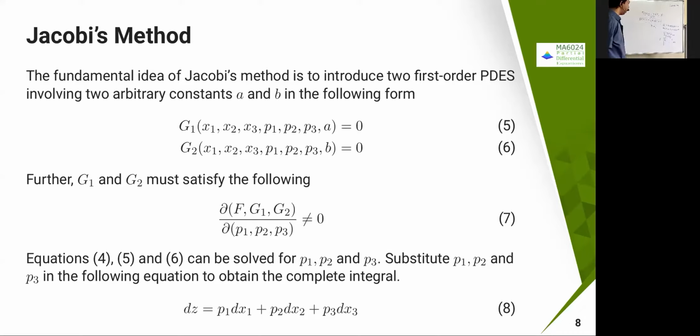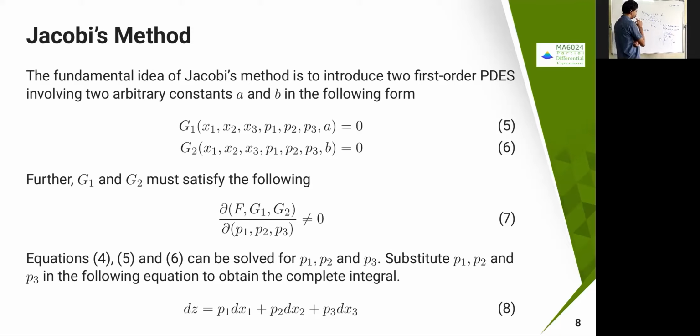Now what we are going to do: once we solve these three equations, here I will put b only, I'm going to eliminate some of the values, or I will write p1, p2, p3 in terms of a, b, c, etc. Use these three equations and calculate your p1, p2, and p3.